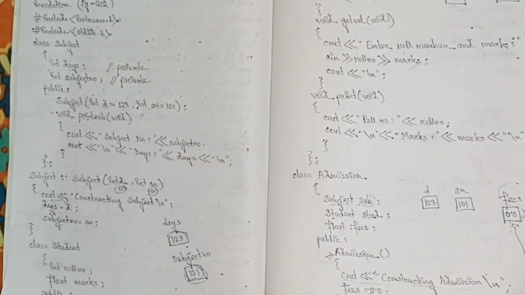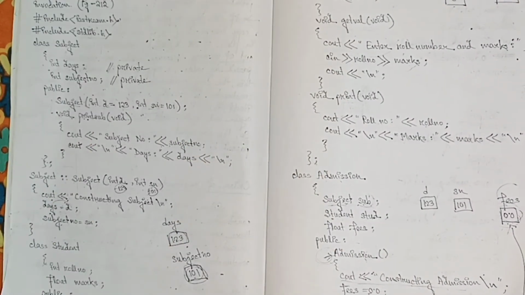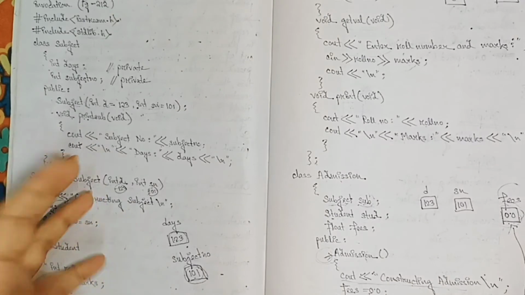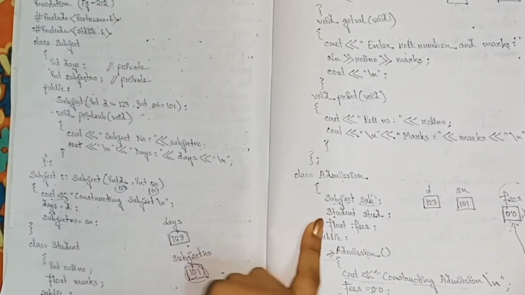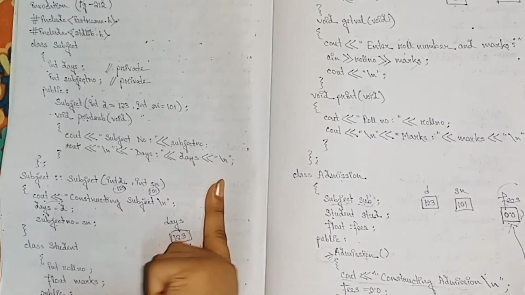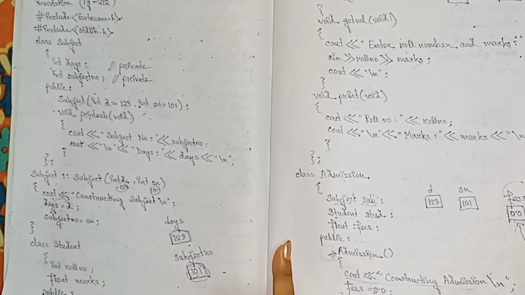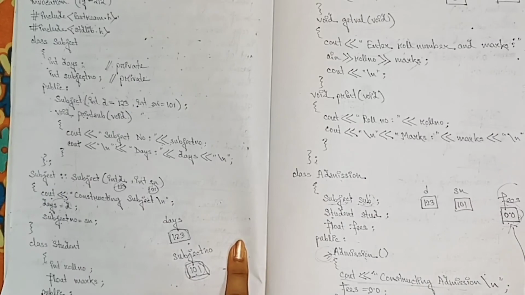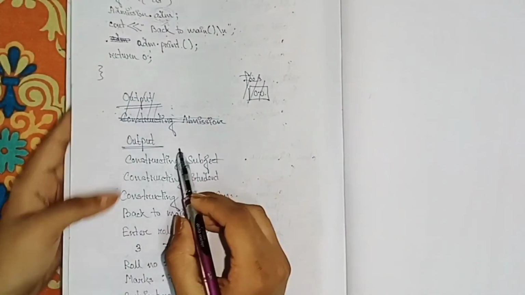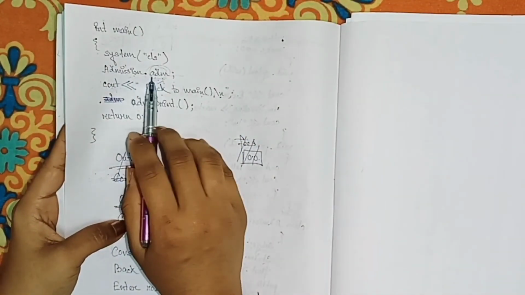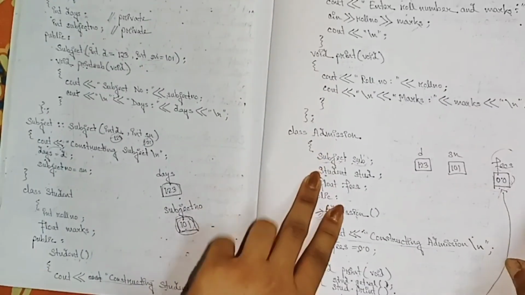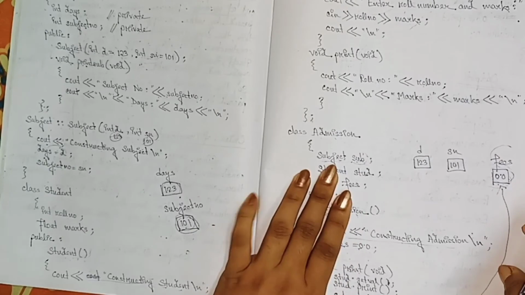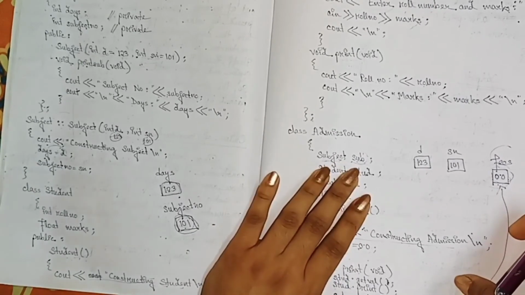It depends upon in what order you are creating the objects. The object that will be created first, that constructor will be invoked first. The object that will be created second, that particular constructor will be invoked or called secondly. Like here, when we invoked this admission class, in the admission class you see first the object of the subject class is defined, that is sub.